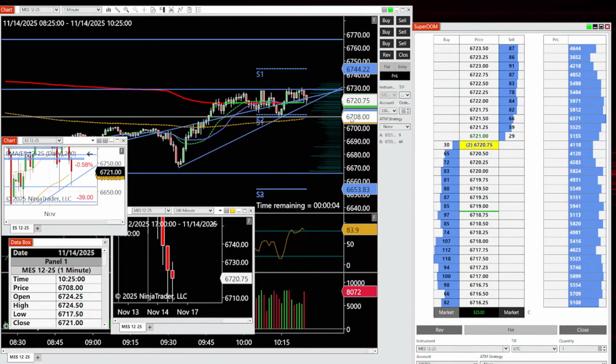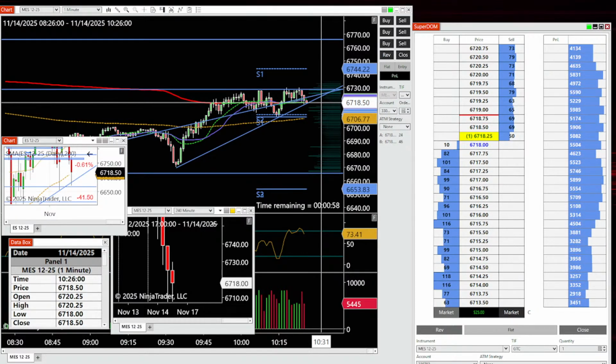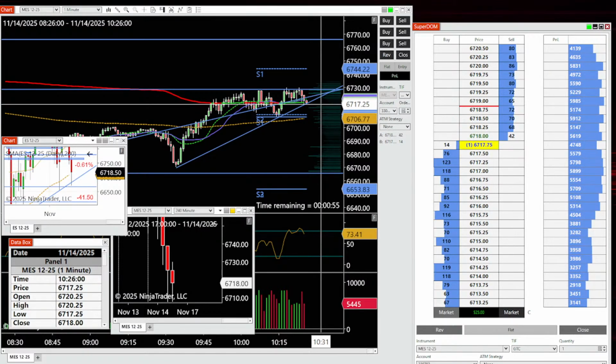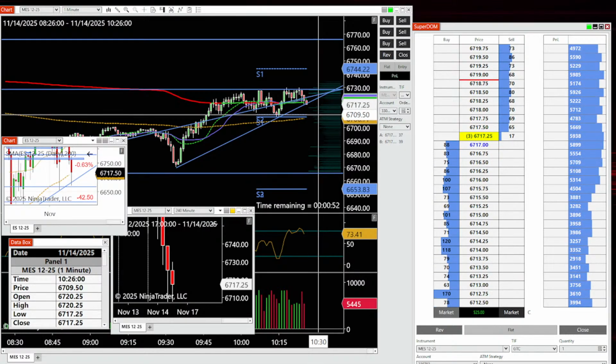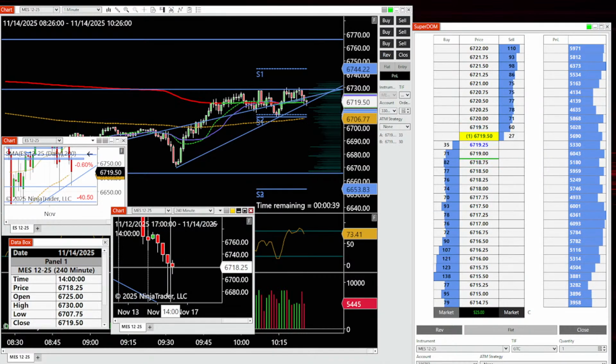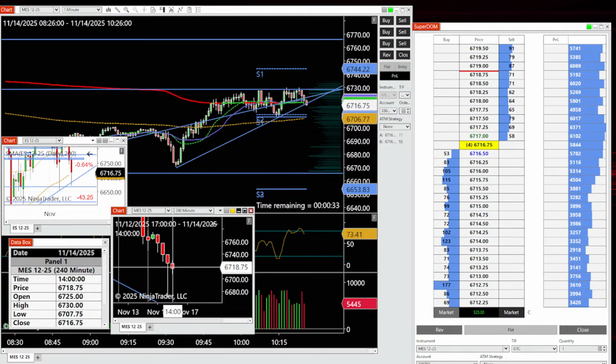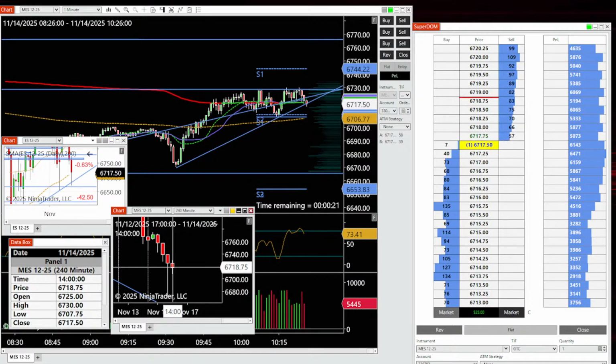But right now, it's a big range. All right, we're breaking VWAP and the trend line, and can backtest 09, which is this 50 period moving average. $18 is around the point of control.